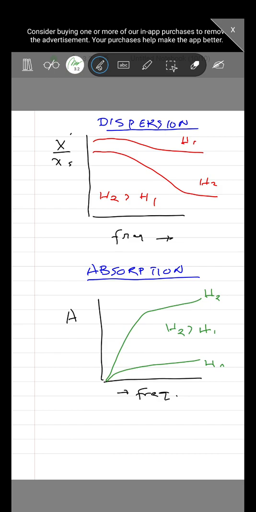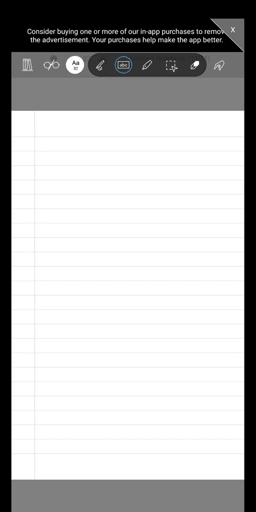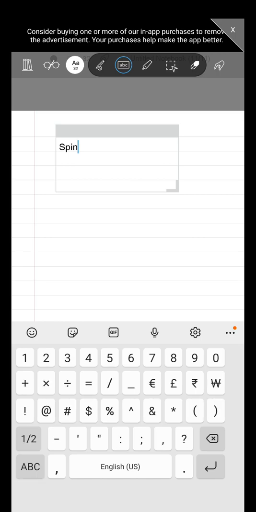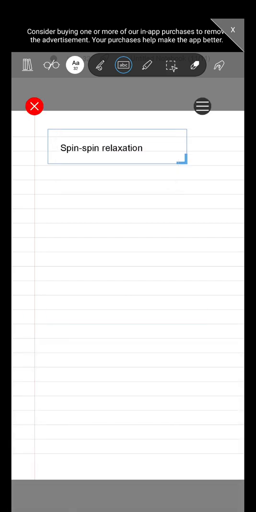So this is all about spin lattice relaxation. Next, if we consider the spin relaxation, the absorption associated with spin relaxation is associated with high frequencies.